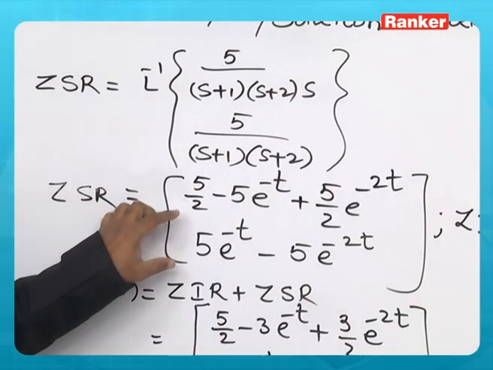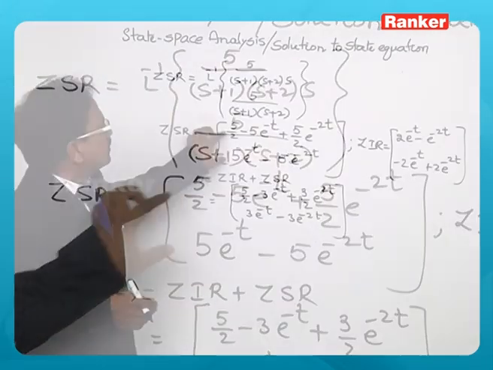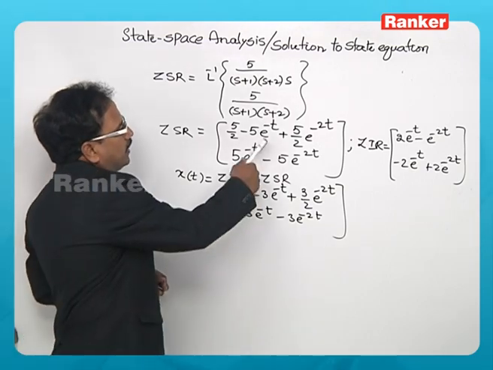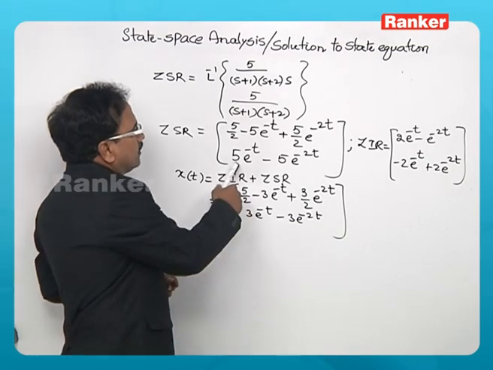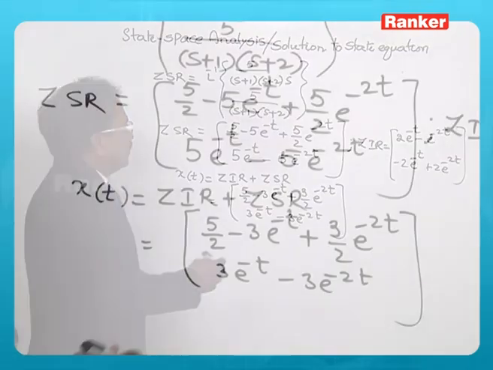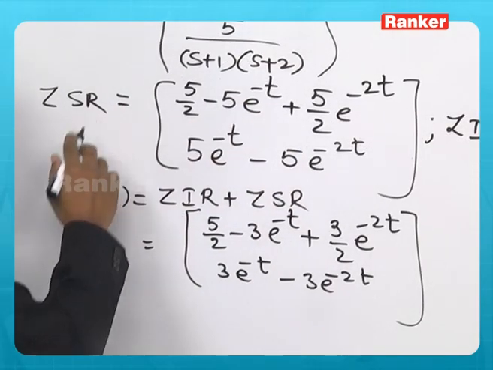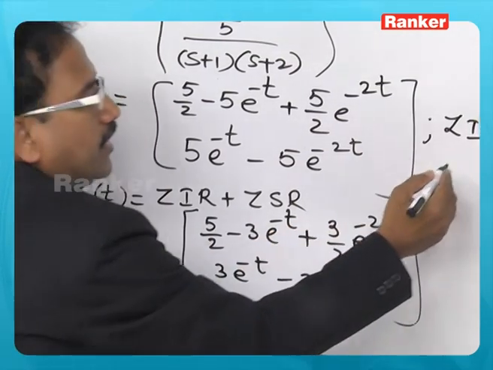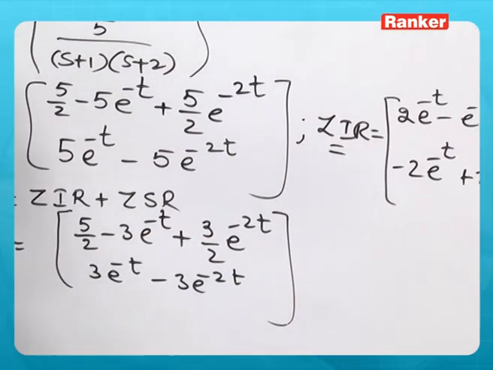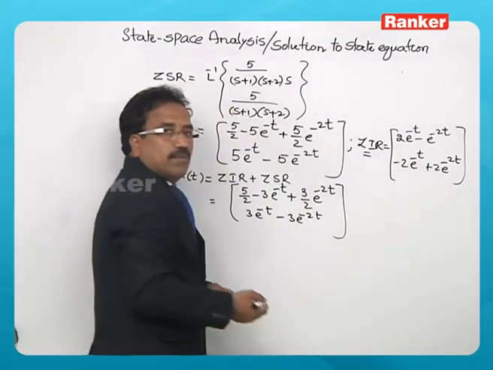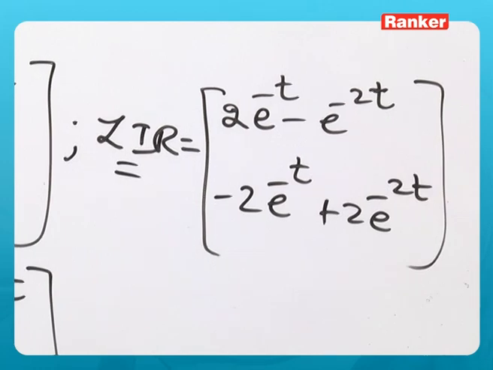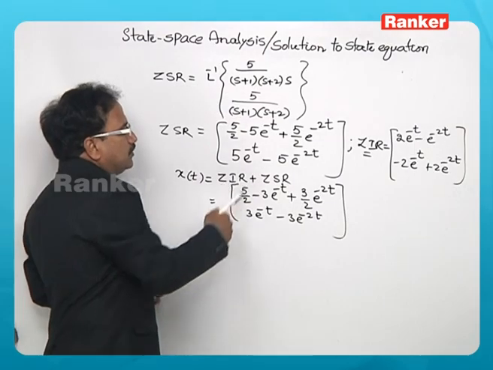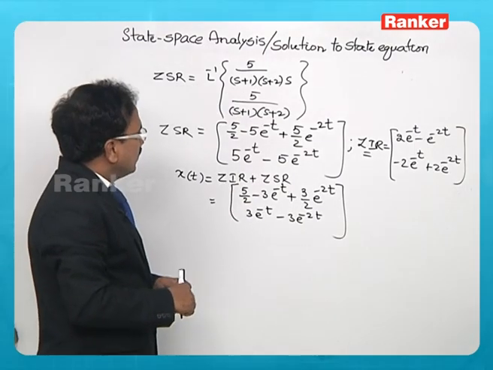So, in time domain, you get this 5 by 2 minus 5 e power minus t plus 5 by 2 e power minus 2t, and the second component is this. So, this part is known as the 0 state response, and due to initial conditions you have got the 0 initial response as this matrix. Now, the complete time response x of t is equal to the sum of ZIR and 0 state response.